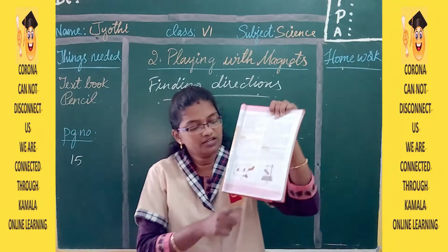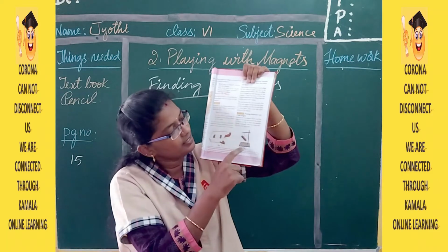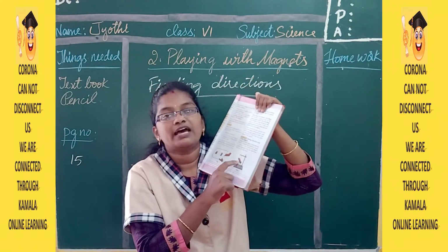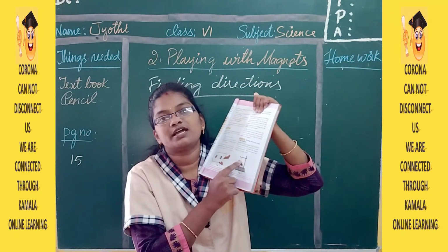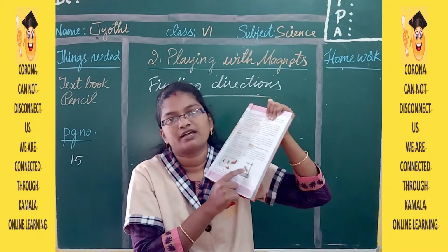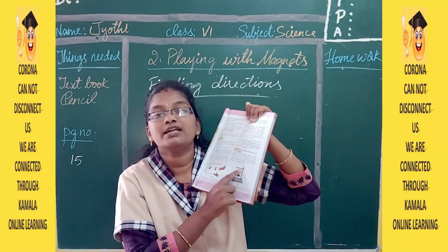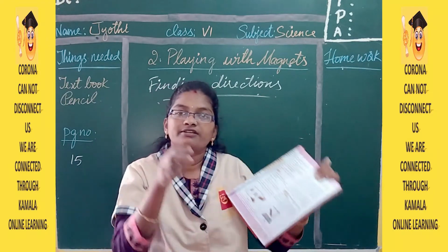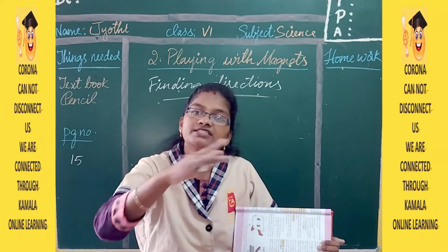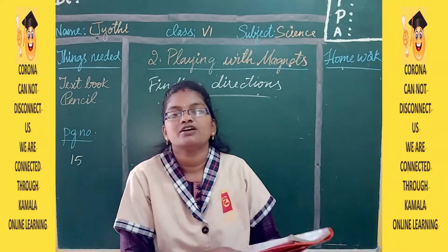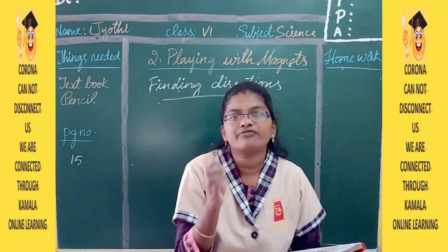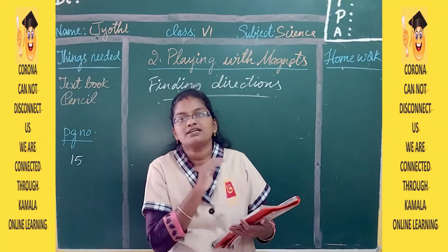As shown in the figure, you take a table with a stand. Then take a bar magnet, tie a thread at the center of the magnet, tie the thread to the stand and leave it. Is it remaining stationary or moving here and there? If it is moving, wait for some time until it is stable.